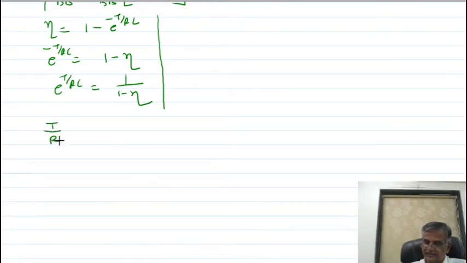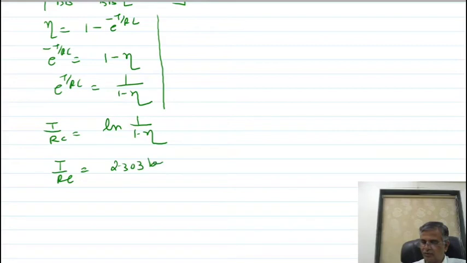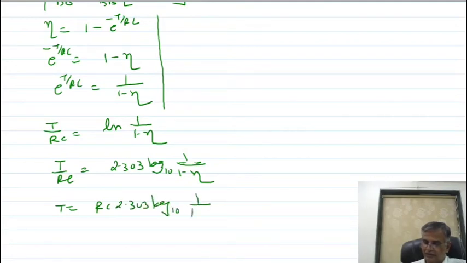T upon RC is nothing but ln 1 upon 1 minus eta. You already know that T upon RC is nothing but 2.303 into log base 10 of 1 upon 1 minus eta. So T is equal to RC into 2.303 log 10 1 upon 1 minus eta.